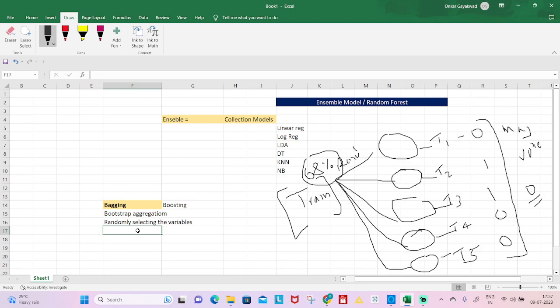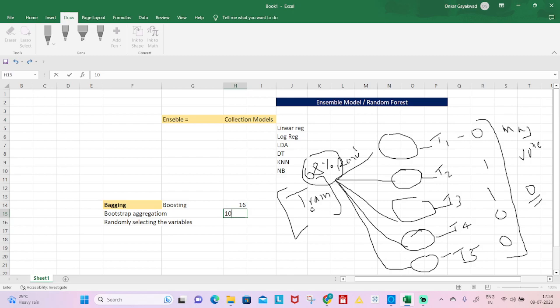So what I can do here again, say if I have got 16 variables, I can select that I want to give at random 10 variables to each tree.